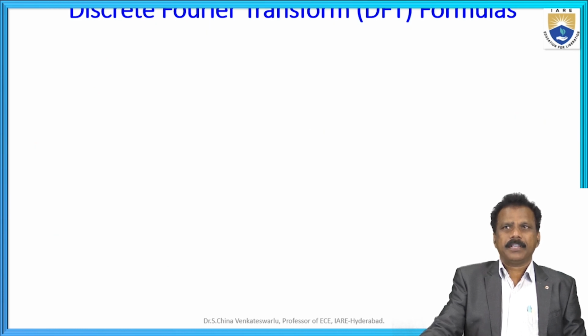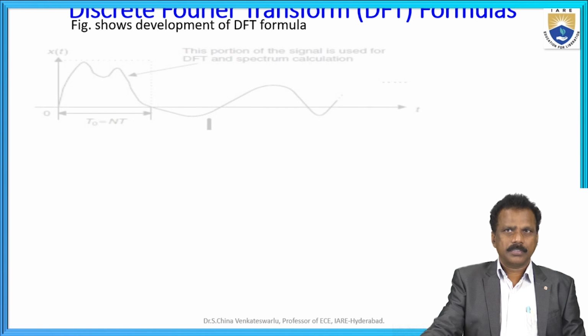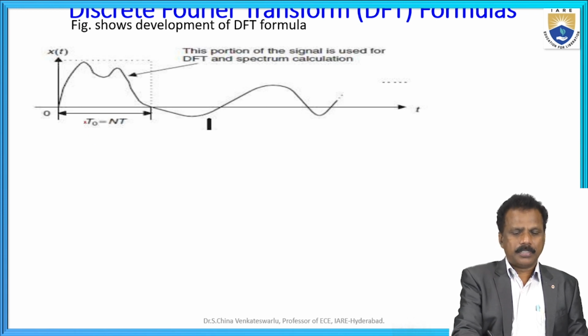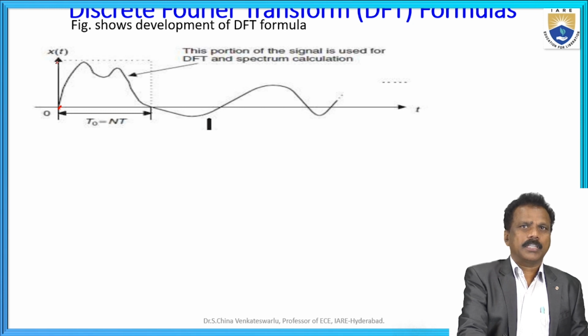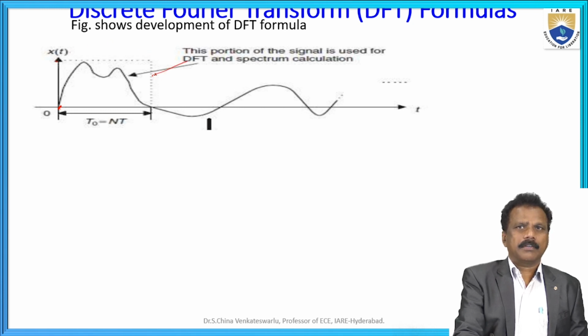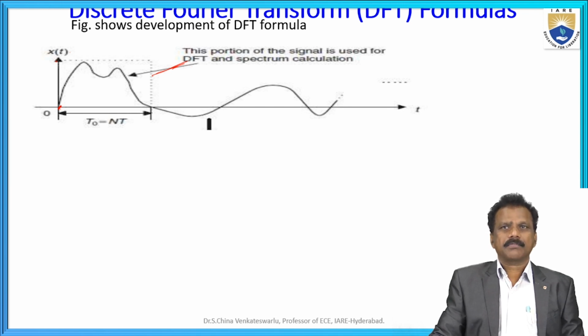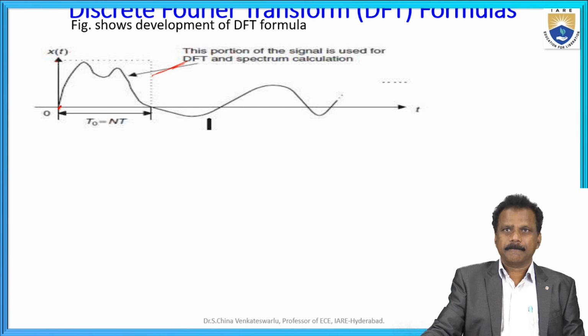Okay, next, DFT formulas. Here it is. This shows the development of the DFT formulas, where x of t versus t, this is the origin. We will expect this waveform. This is nothing but the portion of the signal used for the DFT and spectrum calculation. Like this, this portion of the signal is used for the discrete Fourier transform and spectrum calculation.